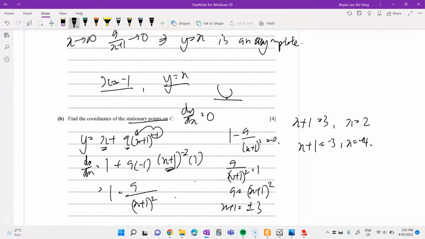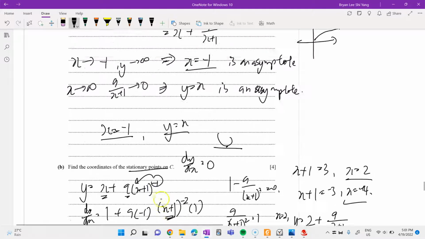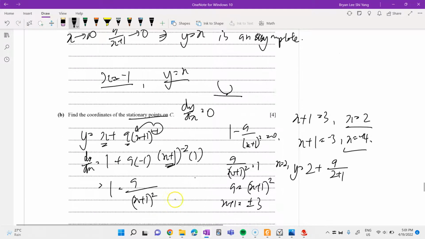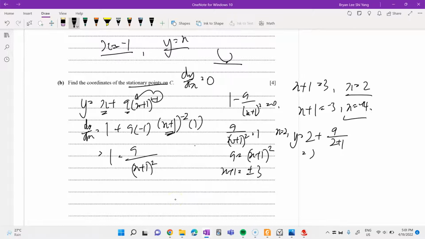So you have the x coordinates, but since you want the full coordinates, you also need a y coordinate. Substituting x equals 2, y equals 2 plus 9 over 2 plus 1, which is 2 plus 3 equals 5. So we have (2, 5).